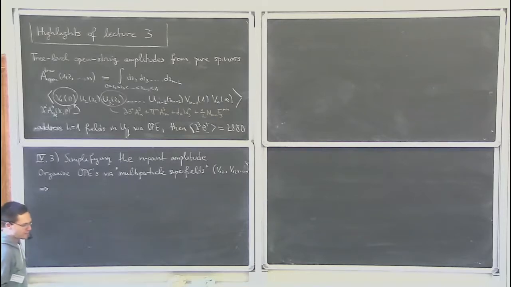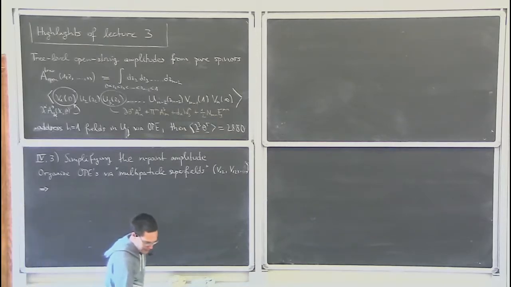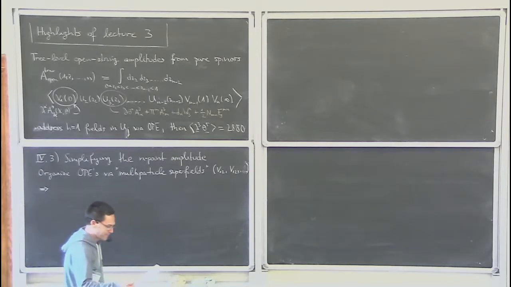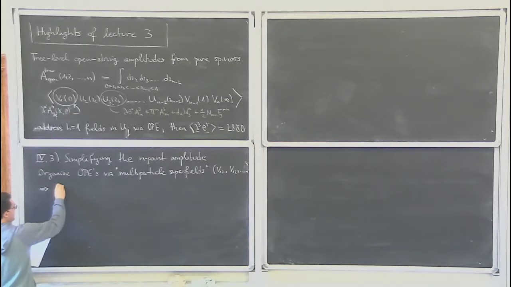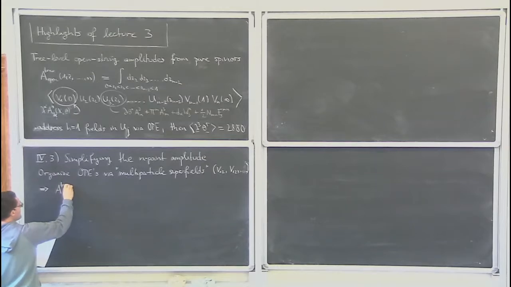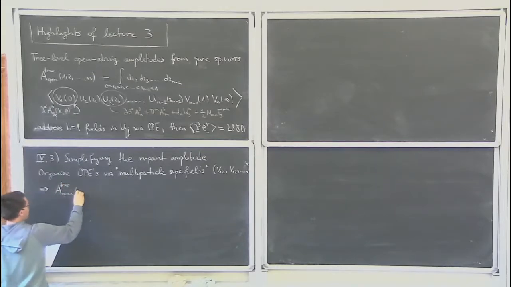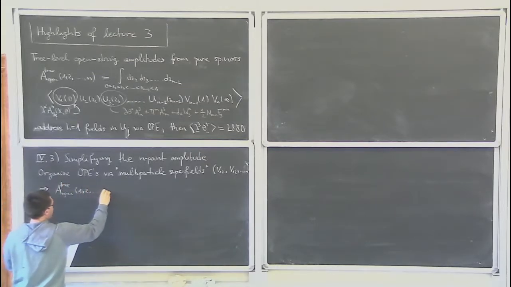But let me move straight to the result of using that multiparticle technology. So when the dust has settled and when you discard a sufficient number of BRST exact terms, you arrive at the following result.